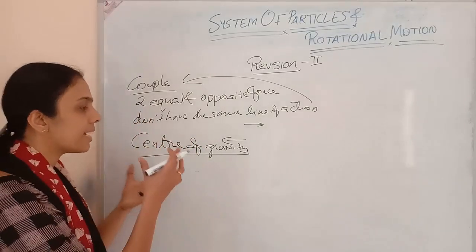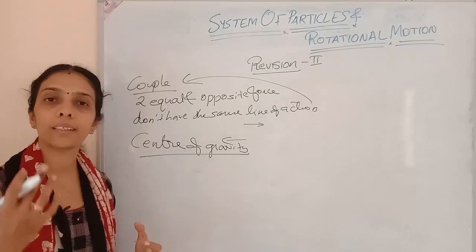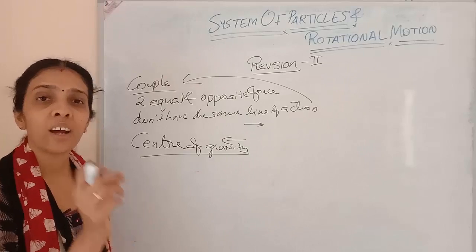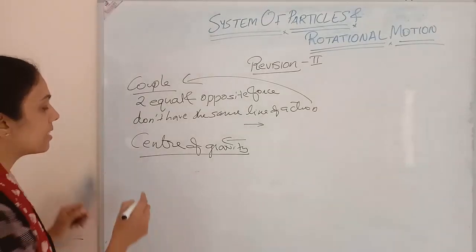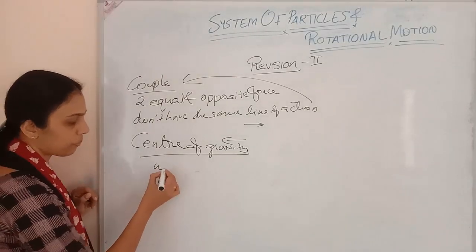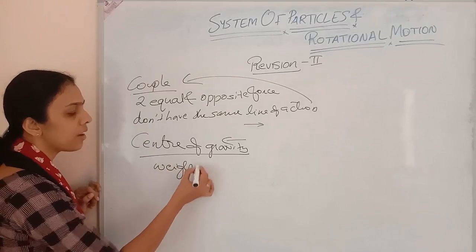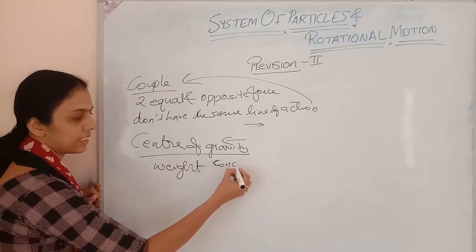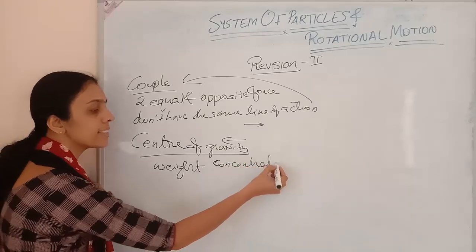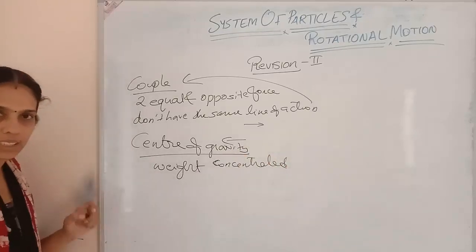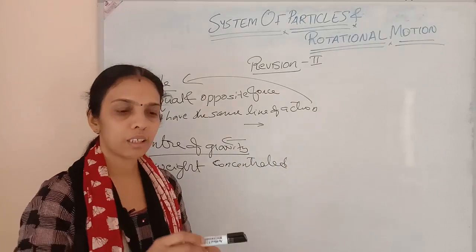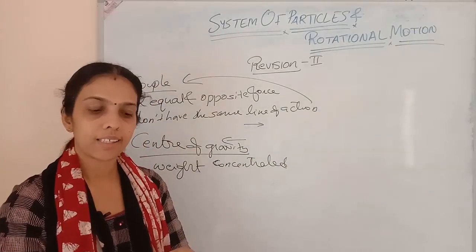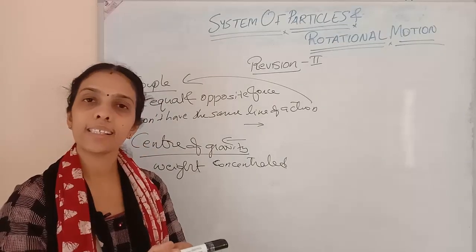Here it is center of gravity. What is center of gravity? It is the point where all the weight of the object is said to be concentrated. Since all the weight is concentrated at a single point, we can balance the body at that single point, right?